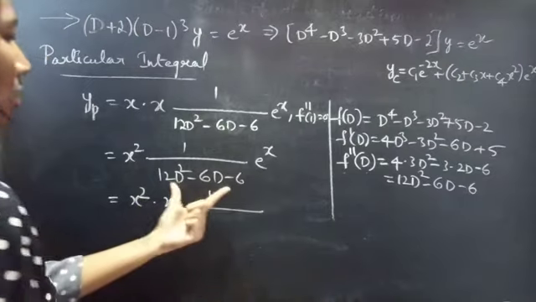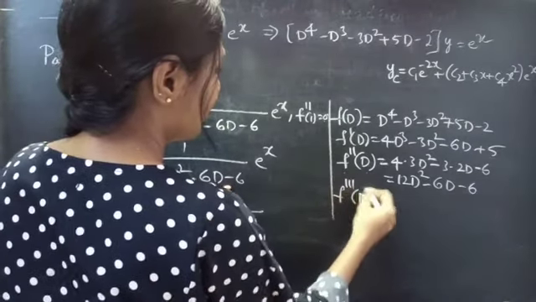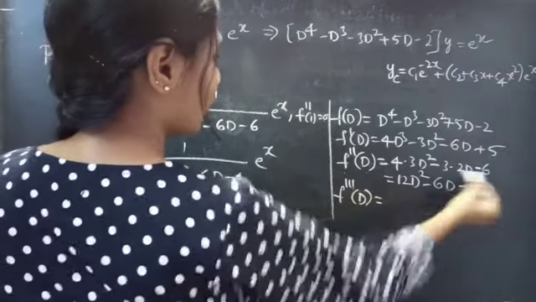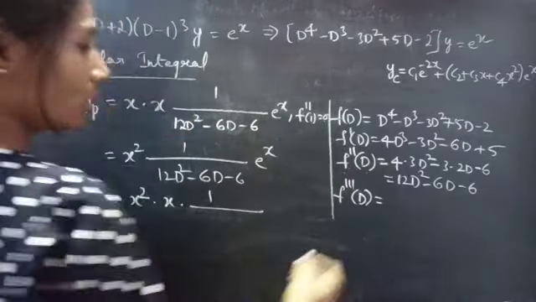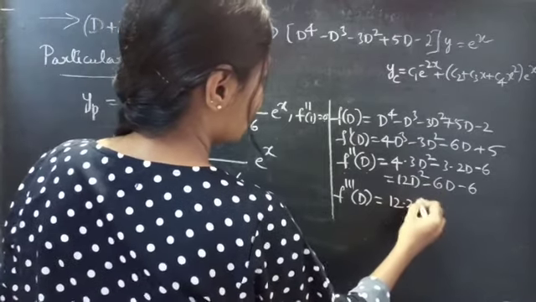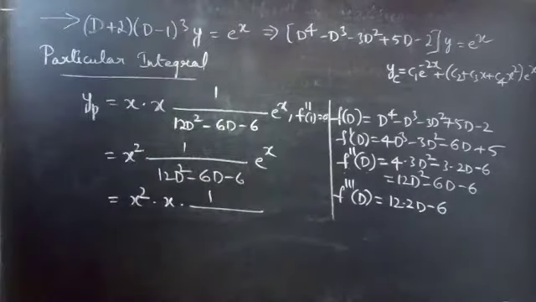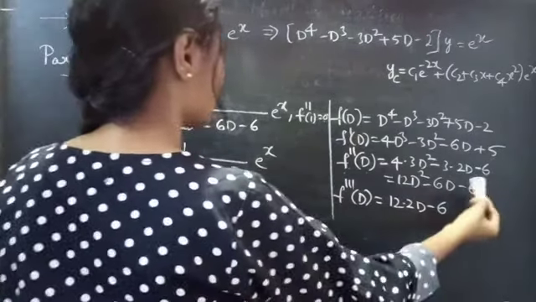1 by, find the derivative of this, that is f triple dash of D equals the derivative of f double dash of D. 12 into the derivative of D square is 2D, minus the derivative of 6D is 6, and the derivative of the constant minus 6 is 0.